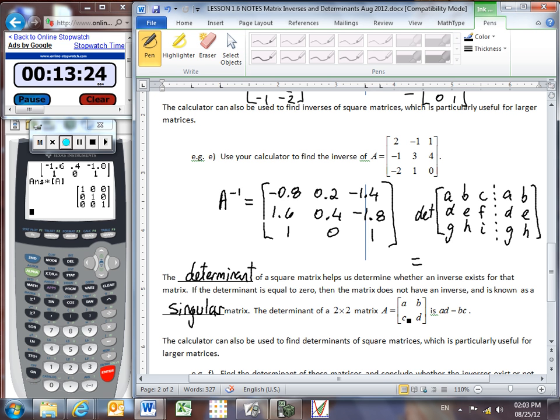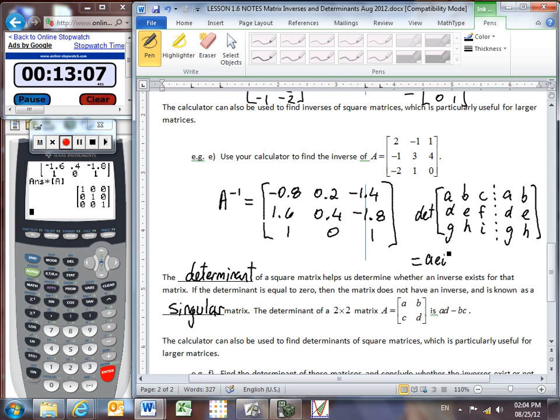Now we're going to do this one plus this one plus this one, minus this one, minus this one, minus this one. So the products that go down from left to right are all positive products.